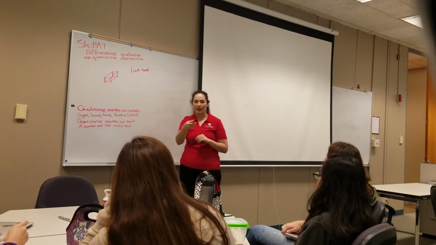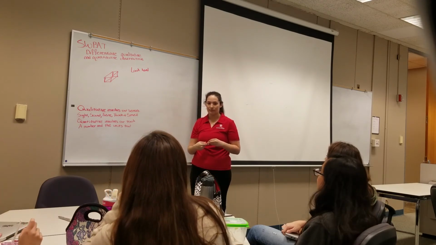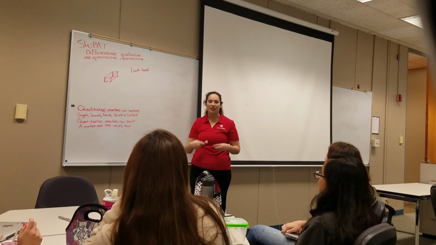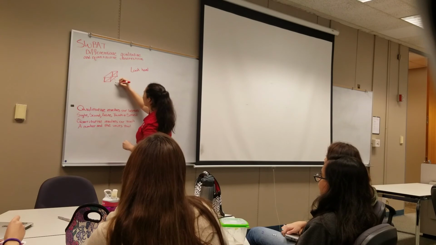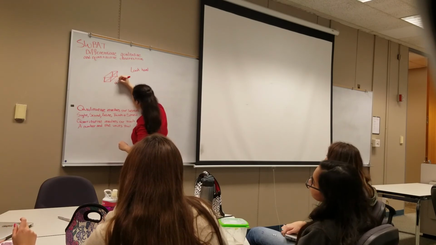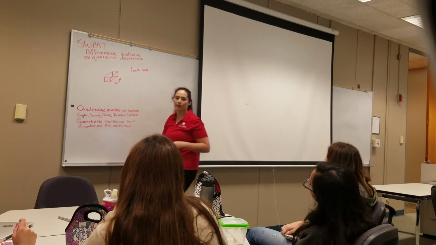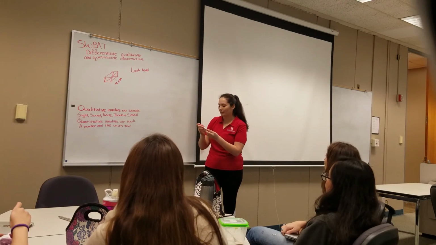Which one would that be? Megan? That would be qualitative. Qualitative, exactly. And then if I said that this part right here was, let's see, 4 centimeters. What is that? Quantitative. Quantitative, exactly, because we had a count.